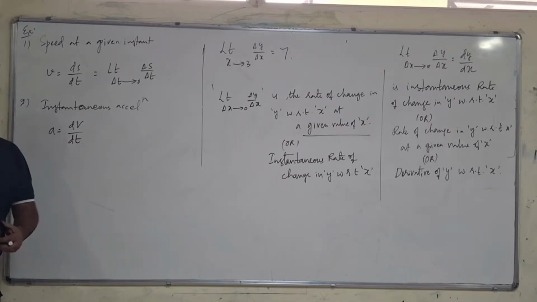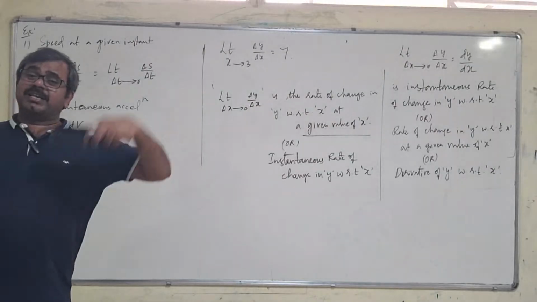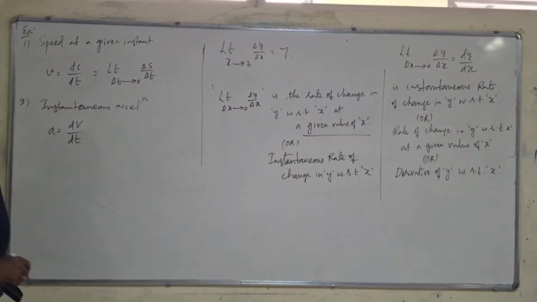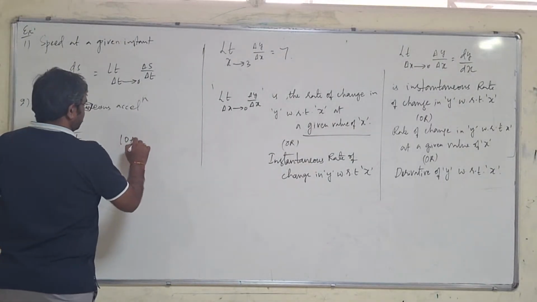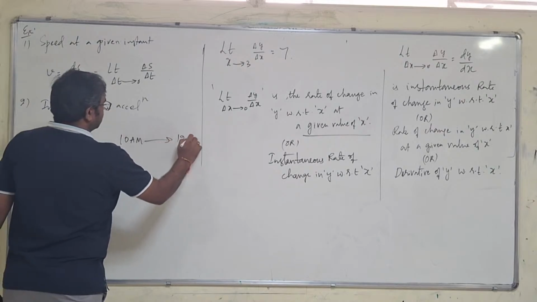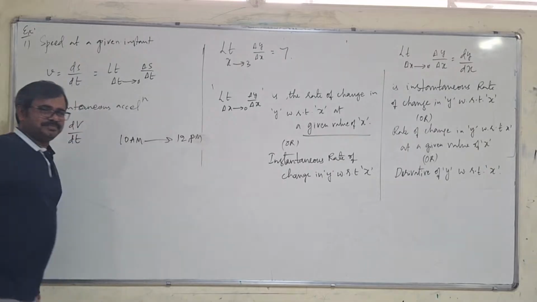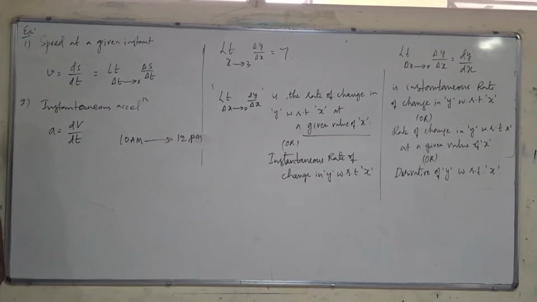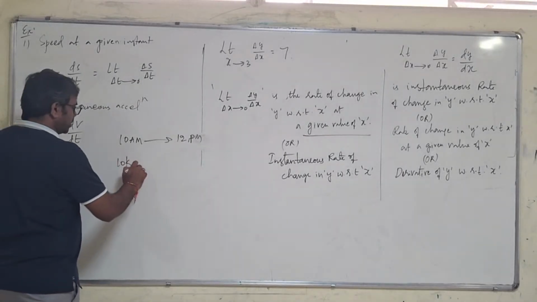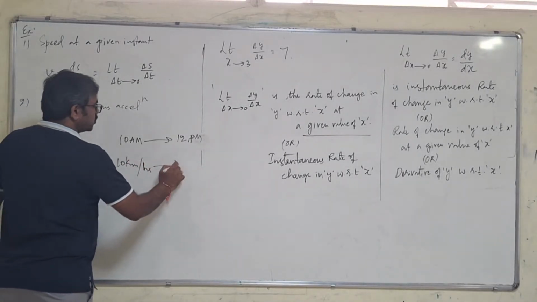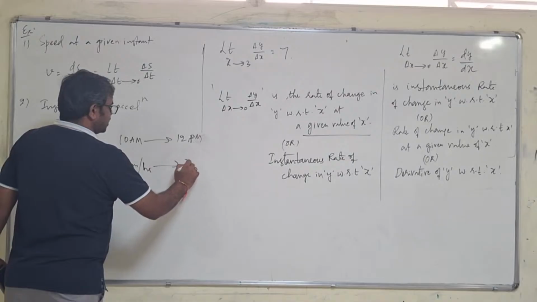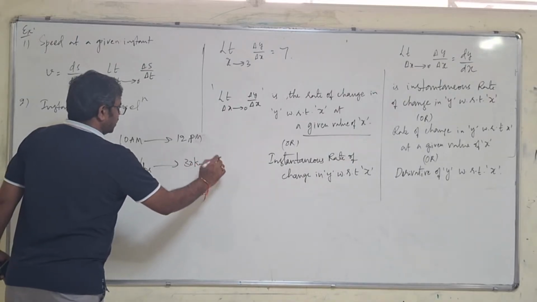If you are finding average acceleration in a given time interval, suppose a body traveled from 10 a.m. to 12 p.m., its velocity changes from 10 kilometer per hour to let's say 30 kilometer per hour.